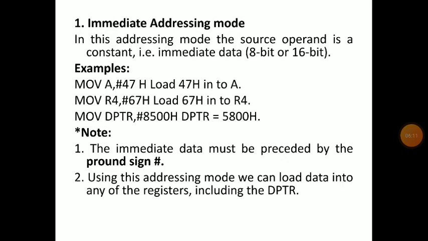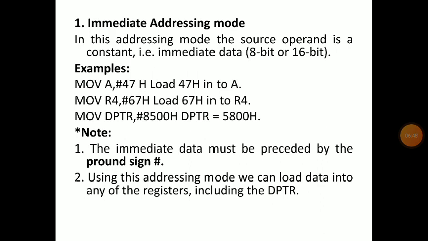That is, MOV A, #47h. In that, A is the destination and #47 is the source. See the first point in this addressing mode, the source operand is a constant. So in the examples also, MOV destination, source is the format of the move instruction, and there the source operands are #47, #67 and #8500h.